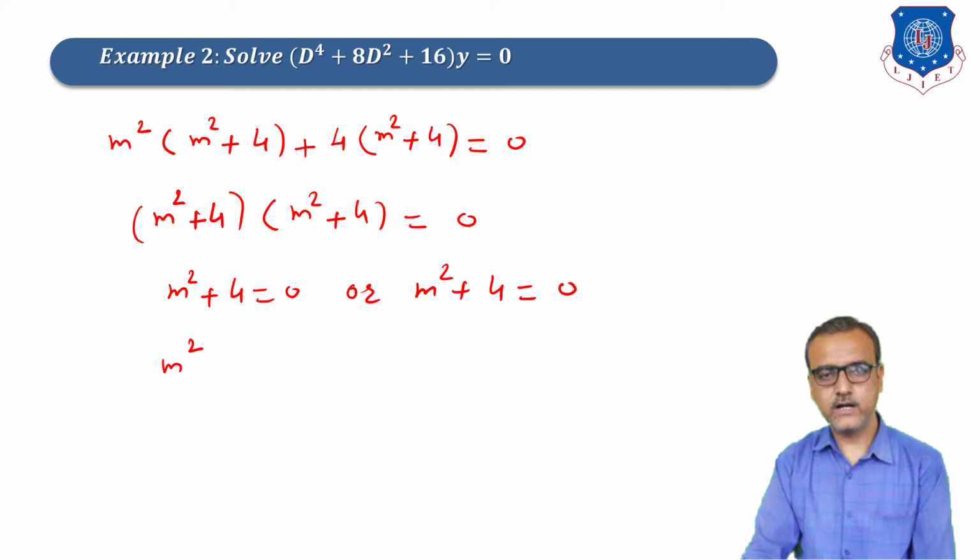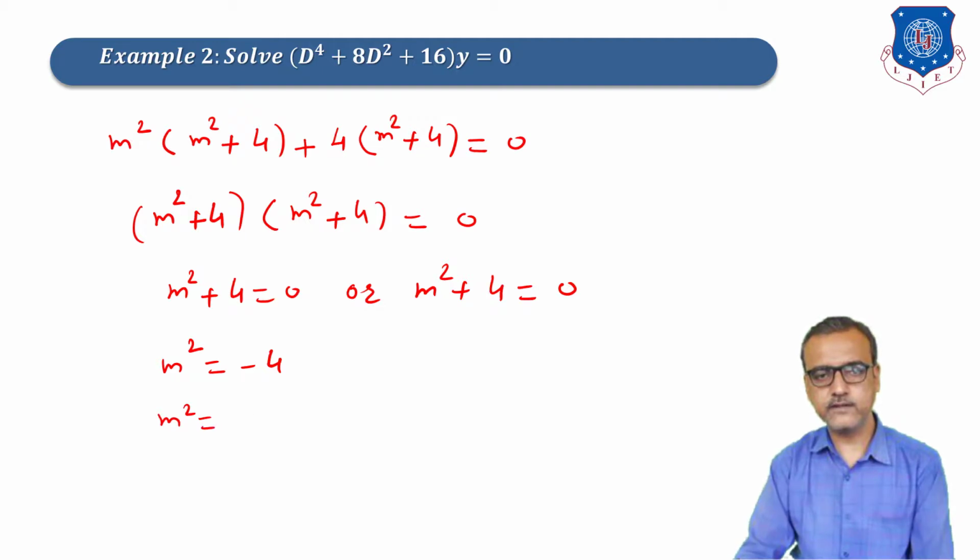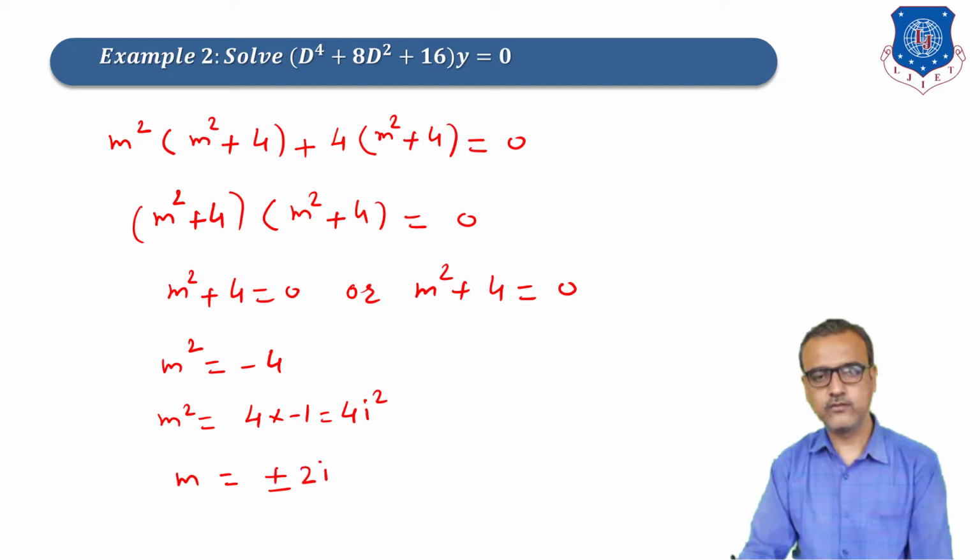So from here we have m square equals minus 4, and m square equals minus 4, that is nothing but 4 into minus 1, and minus 1 is nothing but i square. So we have m square equals 4i square. So we have m equals plus minus 2i. So the real part is 0 and the imaginary part is 2.